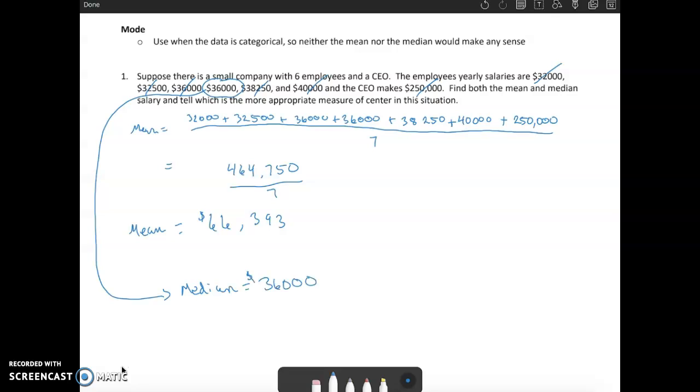So in this case, the question then becomes, which one of these values is more representative or would make more sense when we talk about the center of this data, or the one that represents this data better as a whole? So in this case, I would choose for sure the median.